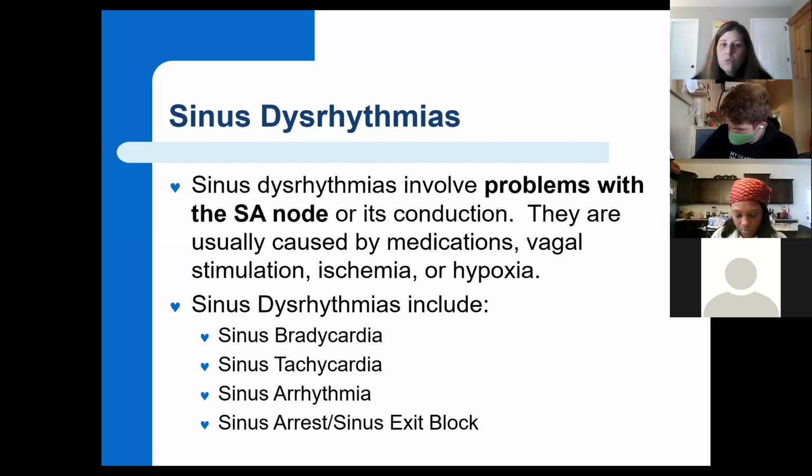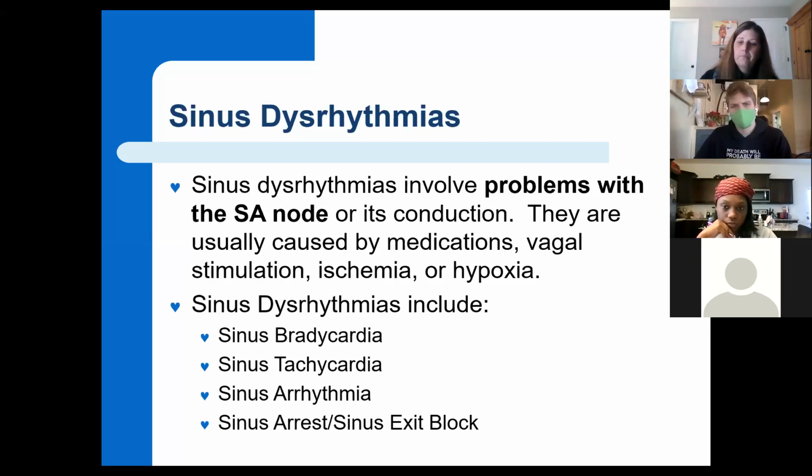The sinus dysrhythmias that we are going to look at are sinus bradycardia, tachycardia, sinus arrhythmia, I just told you meant absent, and sinus arrest and sinus exit block, okay? So it involves a problem with the SA node. That's why it has the name sinus, but it's something wrong with it, and that's why it's a dysrhythmia.